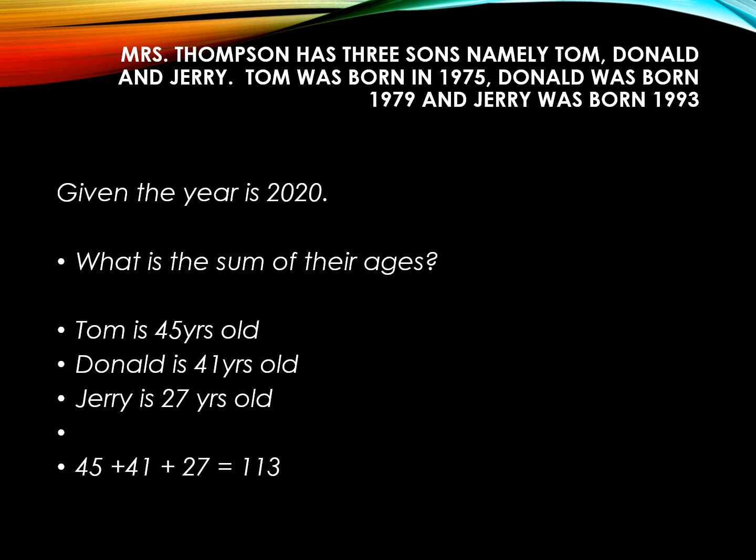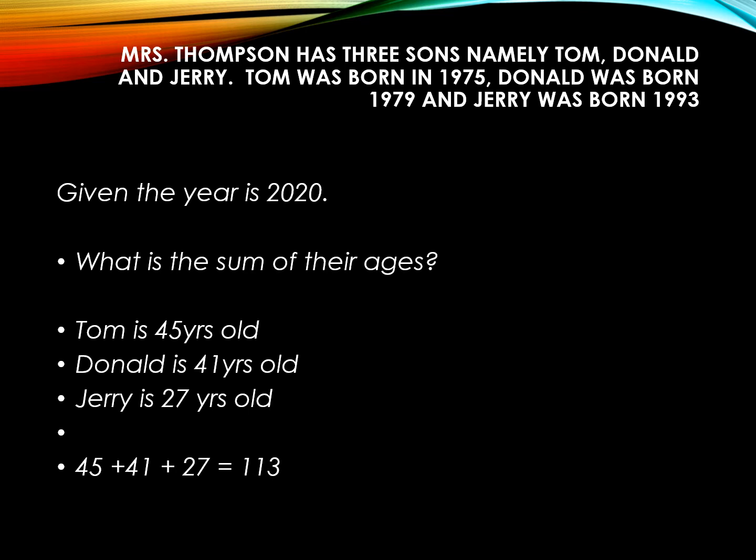Given the year is 2020, what is the sum of their ages? Right? So when you see the word sum, you are supposed to know exactly what to do, and you can't know what to do if someone did not tell you how sum is used and what it represents, right?